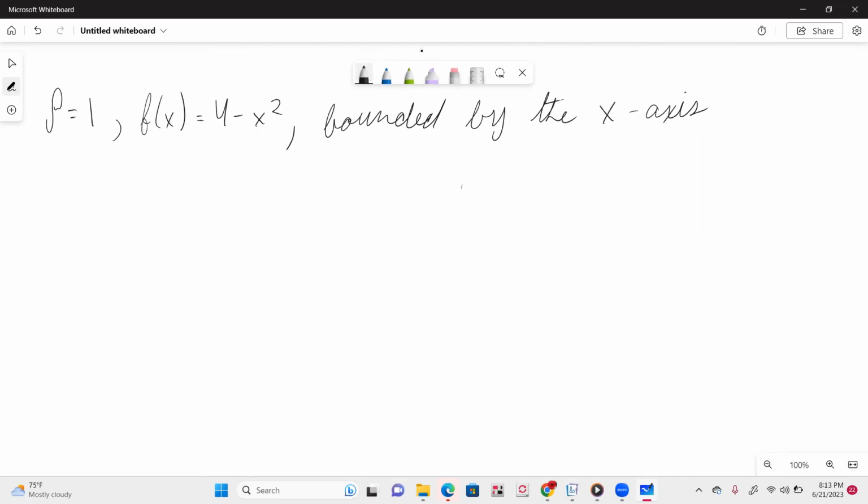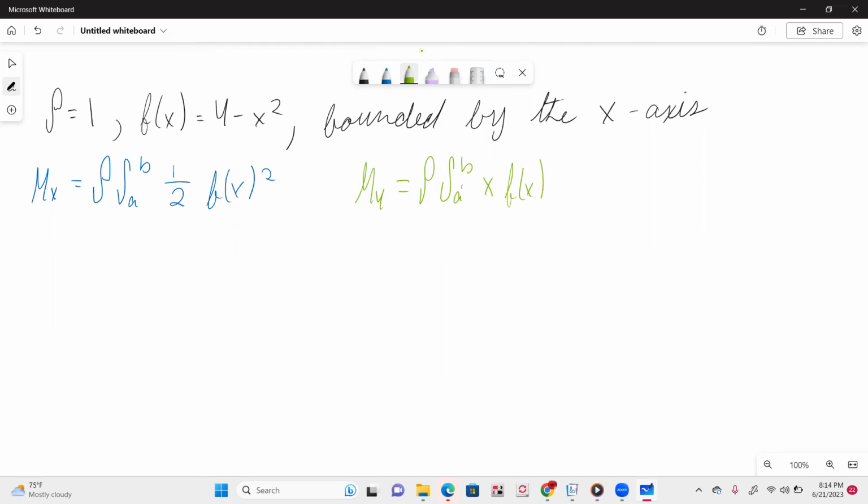Now, keep in mind, those are integration problems, as Mx is equal to our density times the integral from a to b of half of f of x squared, and our My is equal to our density times the integral from a to b of x times f of x. And both these are with respect to x.